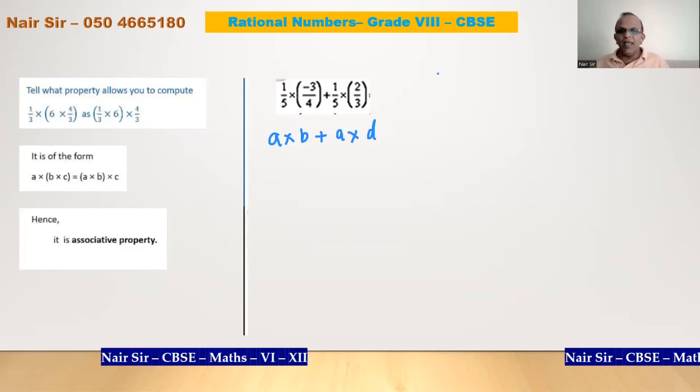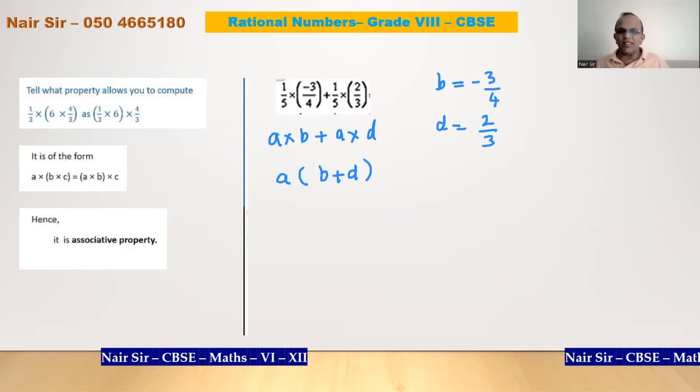Look at this. B is what I'm taking as minus 3 upon 4. And this is a different number, so I'm giving a different alphabet. That's all. Can I write this as A bracket B plus D? What is this? Distributive property.